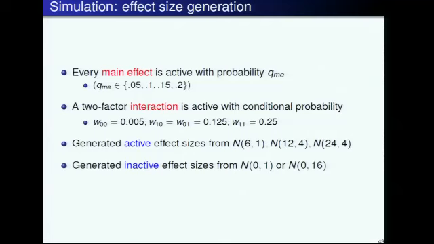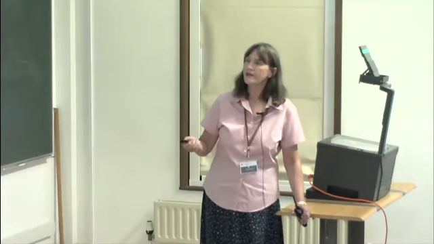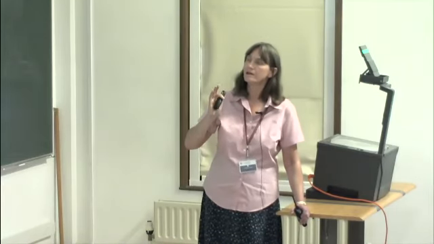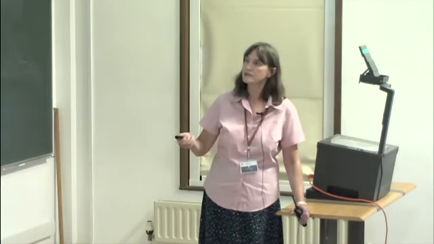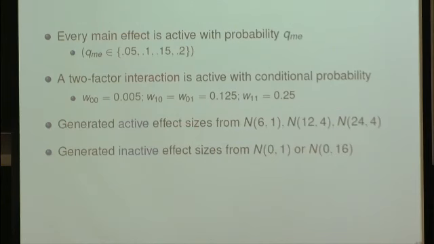Inactive effects we generated from either this or this, and then we took the size, we took the sign of the effect. For the inactive ones, we took the sign to be plus or minus with probability of half. The active effects, if they were main effects, we kept the sign to be positive. If they were interactions, we took the sign to be plus or minus with probability of half.